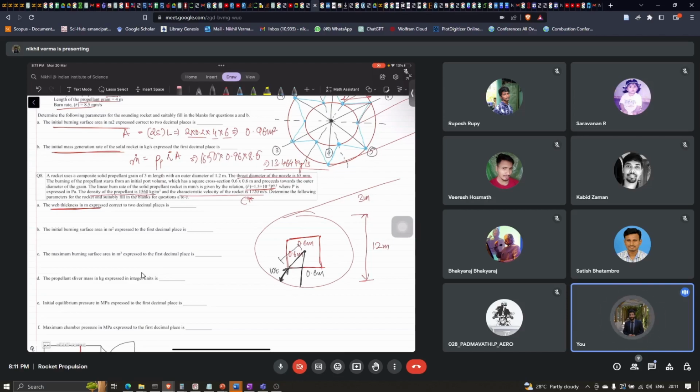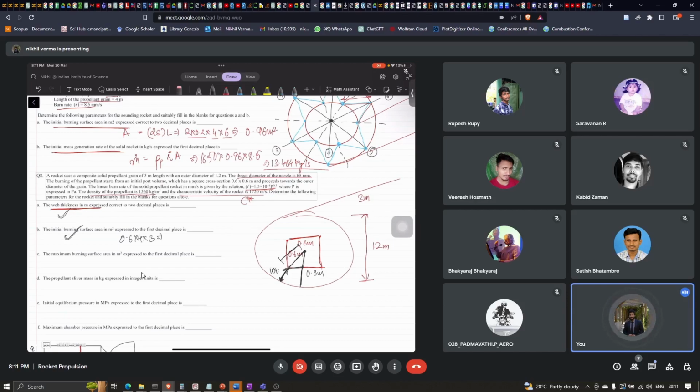You can use Pythagoras theorem and calculate this distance, and you can subtract the radius. Then you will get the web thickness. The initial burn surface area is also simple, it is just 0.6 into 4 into the length.